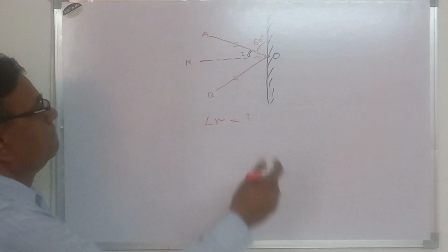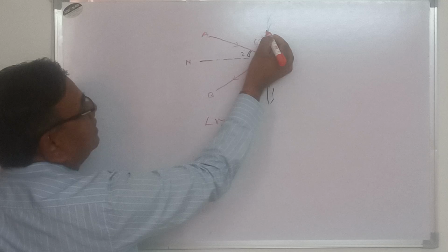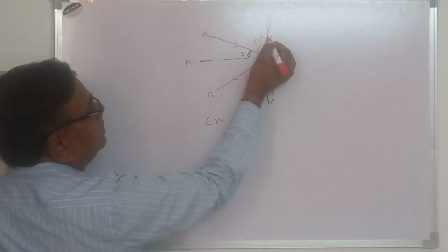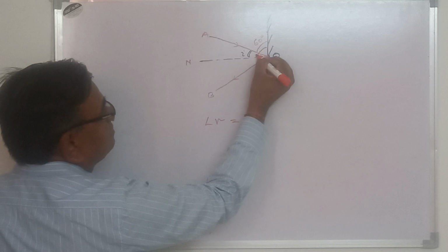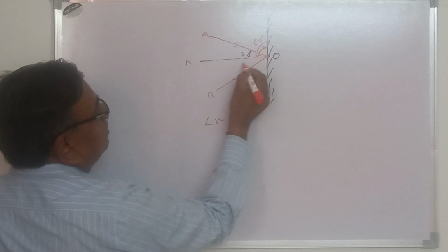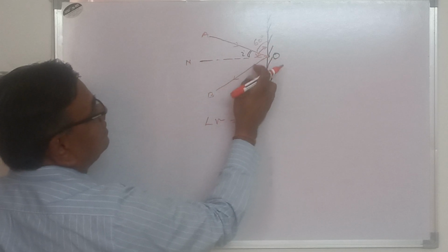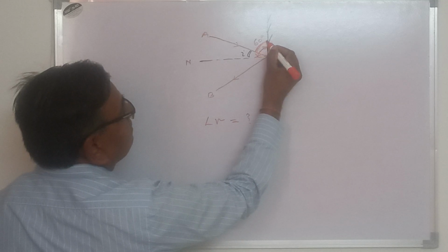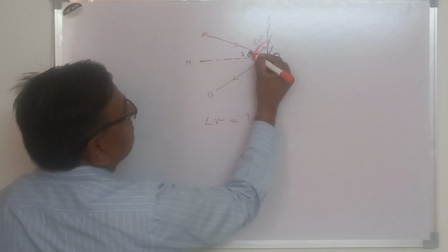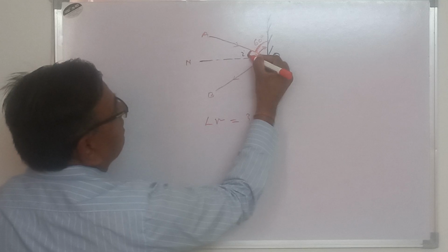So now, this total angle between the plane mirror and normal, यहाँ तक, ये normal 90 डिग्री पर होता है. तो this is 60 degree. तो this becomes 90 minus 60.